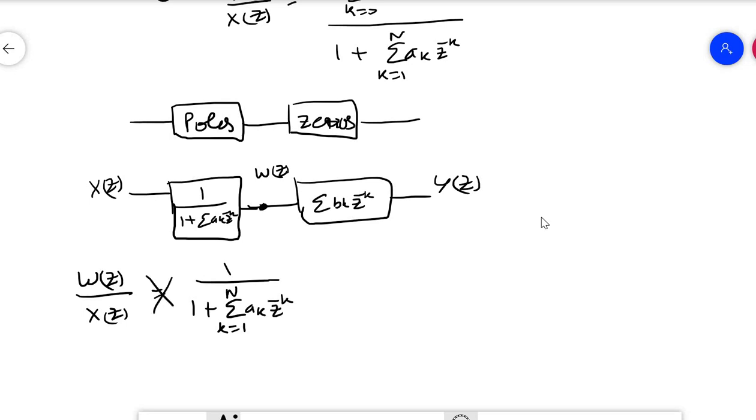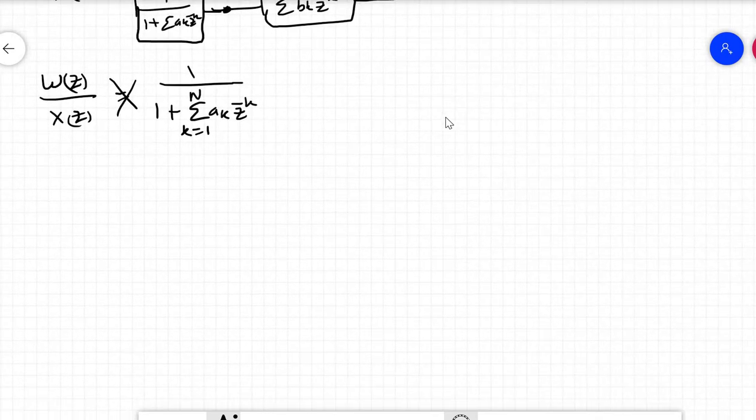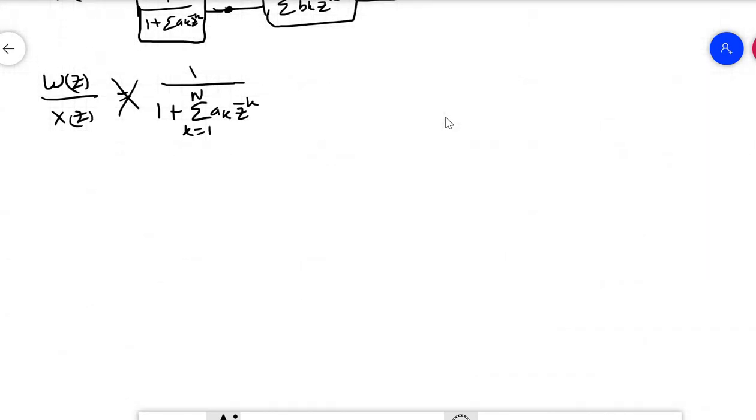So solve this, or we can say cross multiply. It means W(z) times 1 plus summation 1 to n ak z minus k is equal to X(z).